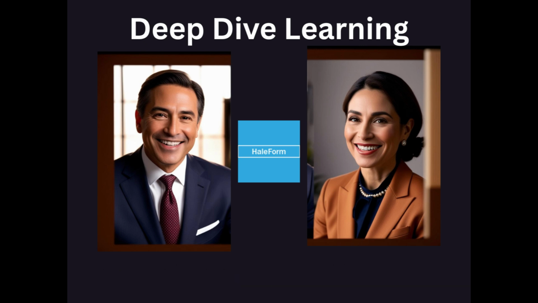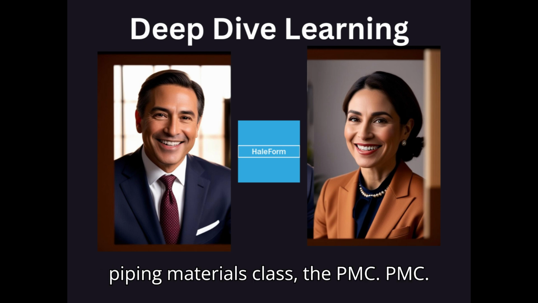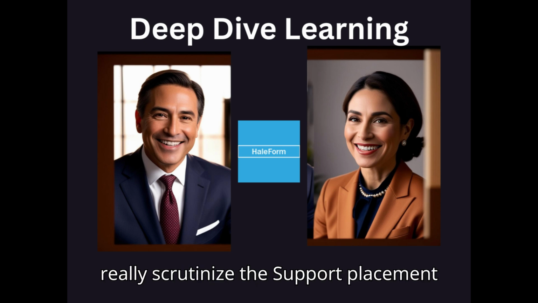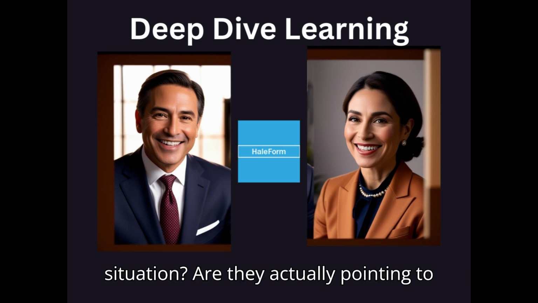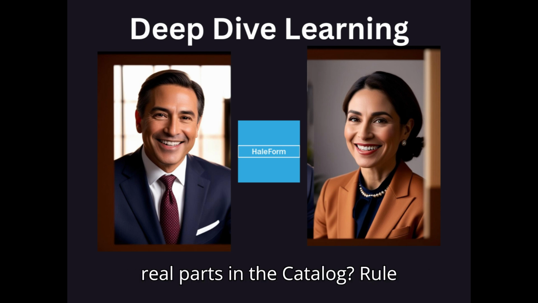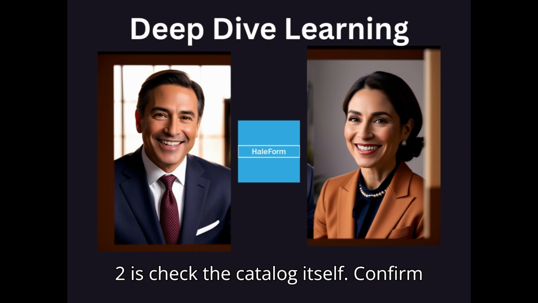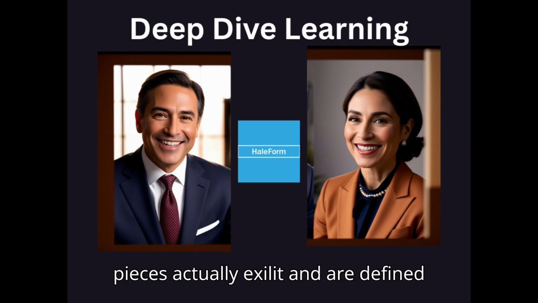First things first, you gotta play detective with those piping spec rules. Dive into the relevant piping materials class, the PMC. Yeah, that defines all the standard bits for that piping system. You need to really scrutinize the support placement rules in there. Do they cover your situation? Are they actually pointing to real parts in the catalog? Rule validation, step 1. Then step 2 is check the catalog itself. Confirm the support assembly, all its little pieces, actually exist and are defined properly.